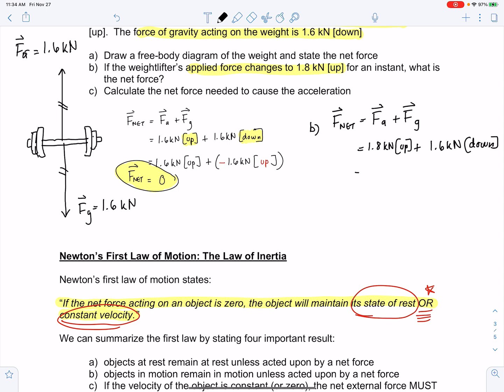Let's add these two together. First, ask yourself, are they in the same direction? In this case, they're not. So what we need to do is change this to negative.